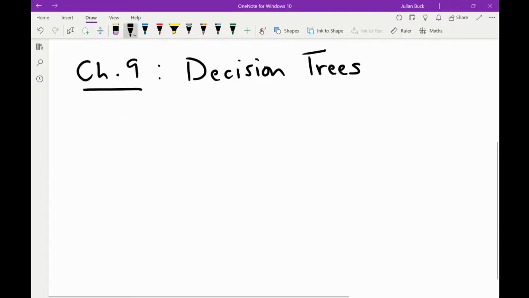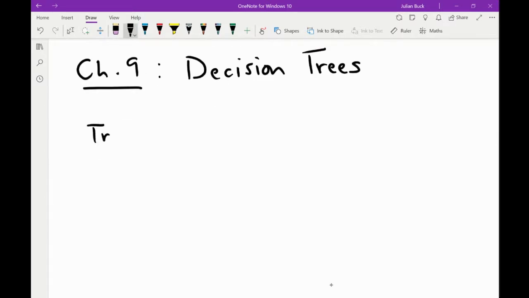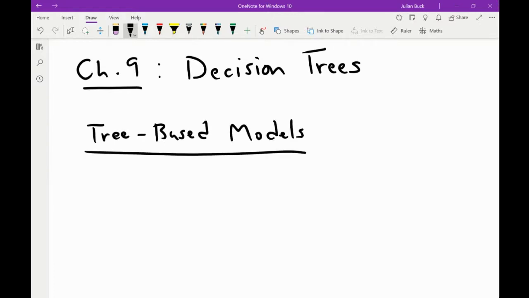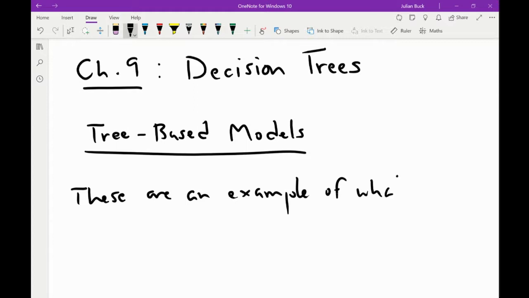All right, so what do we mean when we talk about tree-based models? Well, these are an example of what we call non-parametric algorithms.